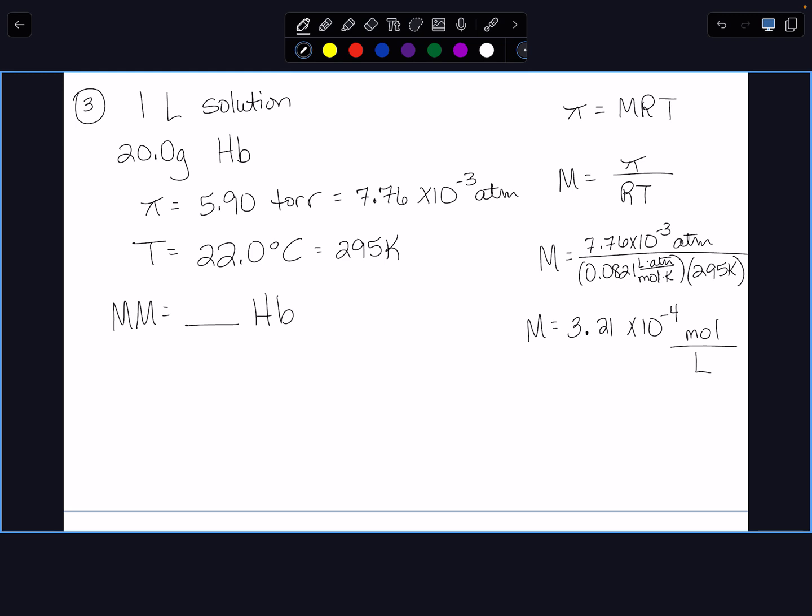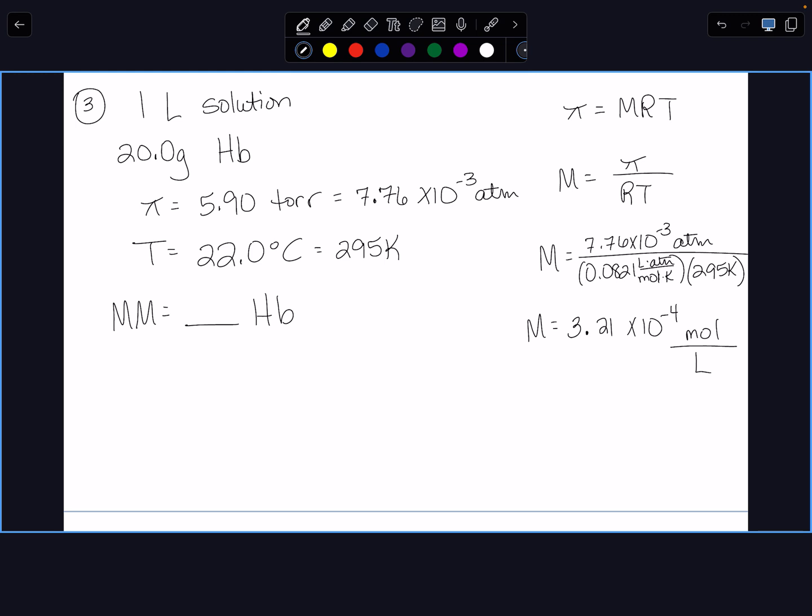All right, I'm not finished with it, of course. Do I need to wait, or am I ready to keep going? Y'all, the molarity of the solution is 3.21 times 10 to the minus 4 moles per liter. What was the volume of this solution? 1 liter.